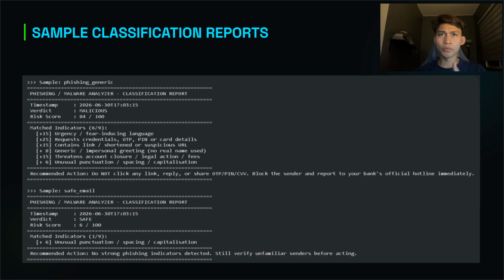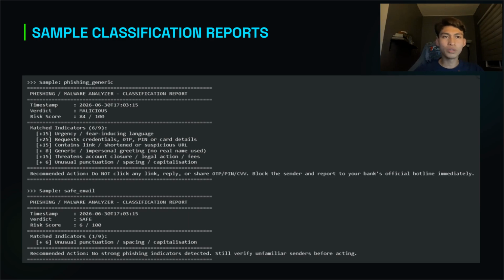To validate the operational efficiency of these tools, when we run a classic phishing text string through the system, the engine triggers 6 out of 9 core indicators, generating an overall risk score of 84 out of 100. The verdict remains safely classified as safe if the score is just below 44.